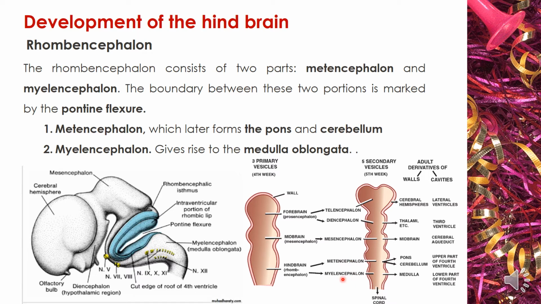The boundary between these two portions is marked by the pontine flexure. The metencephalon later forms the pons anteriorly and the cerebellum posteriorly, while the myelencephalon forms the medulla oblongata, and the lumen of the rhombencephalon is the fourth ventricle.